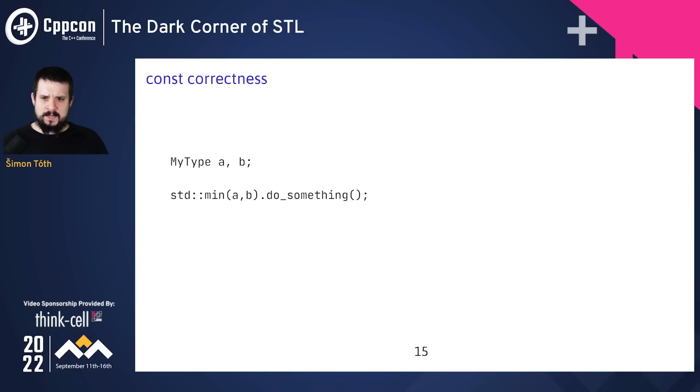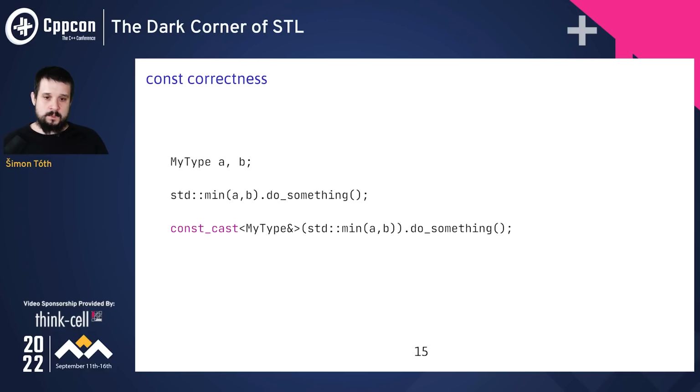So that means only const methods can be invoked. Well, but we are passing in 2 mutable references. That is A and B, those are mutable variables. So can we somehow get back to a mutable reference? And we can use const_cast. Now with const_cast, the method is totally fine to mutate the state of A and B. However, you might argue that at this point, maybe we should just stick with the if, because this is becoming quite cumbersome.